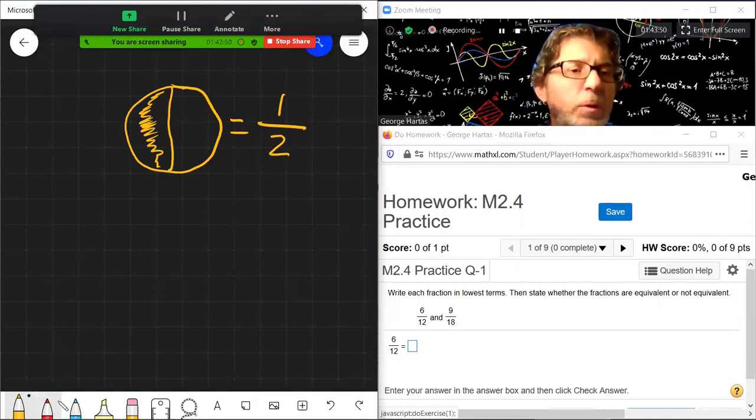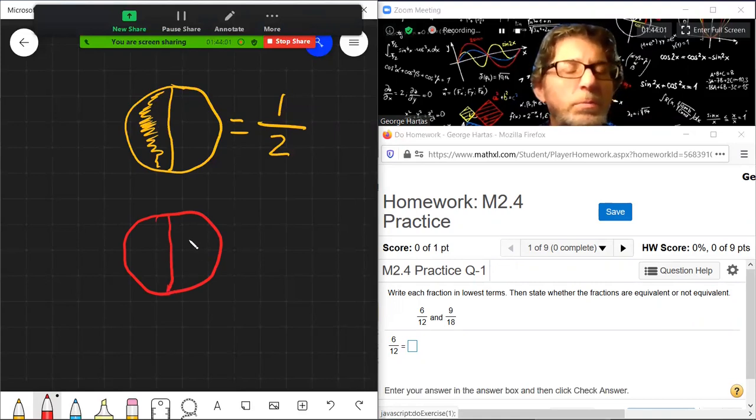Let's do a similar one down here. Now pretend these circles are the same size, but rather than 2 equal parts, I'm going to create 4 equal parts. Pretend each of these is equal in size. I'm going to shade this one and this one.